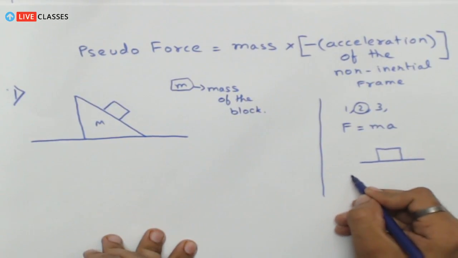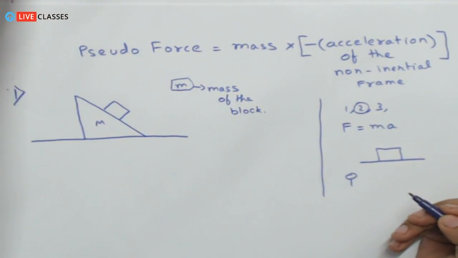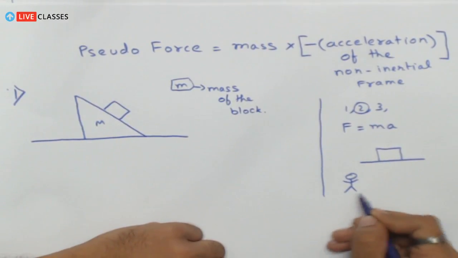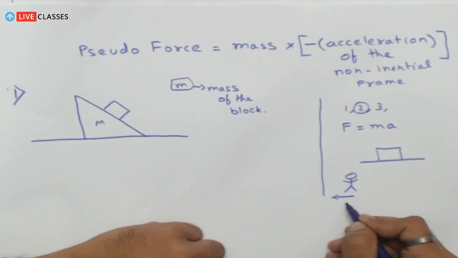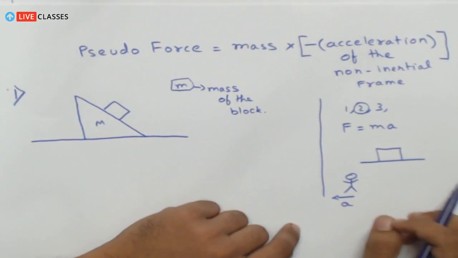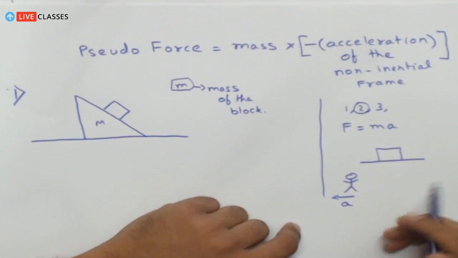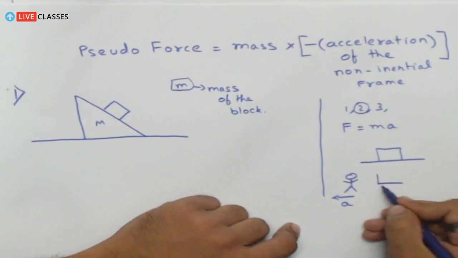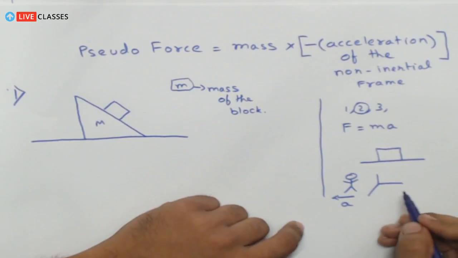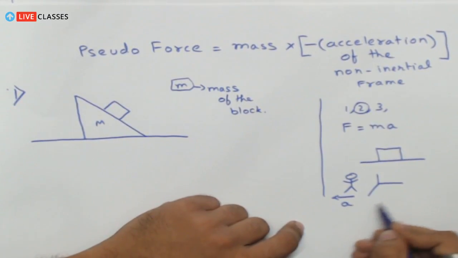We will do the same example again. A man is standing, and now he is running with an acceleration of a. If we take the man as the reference frame, the reference frame has an acceleration of a in this direction.